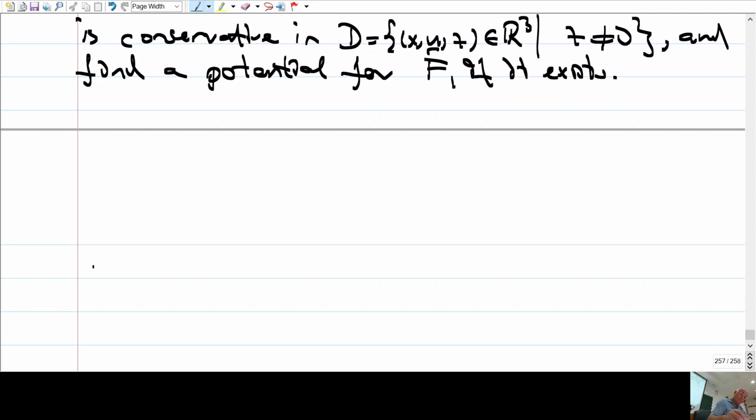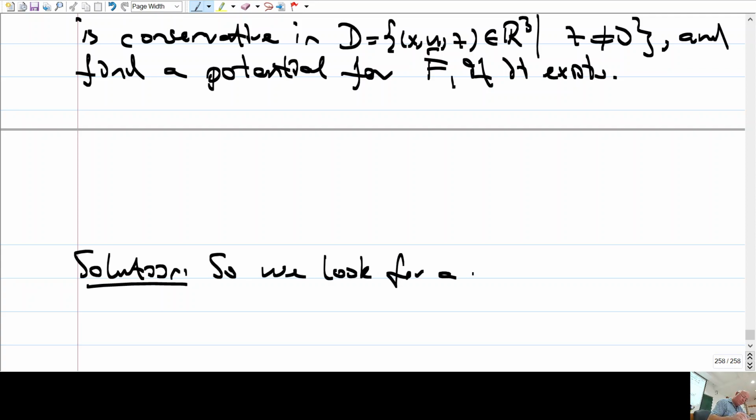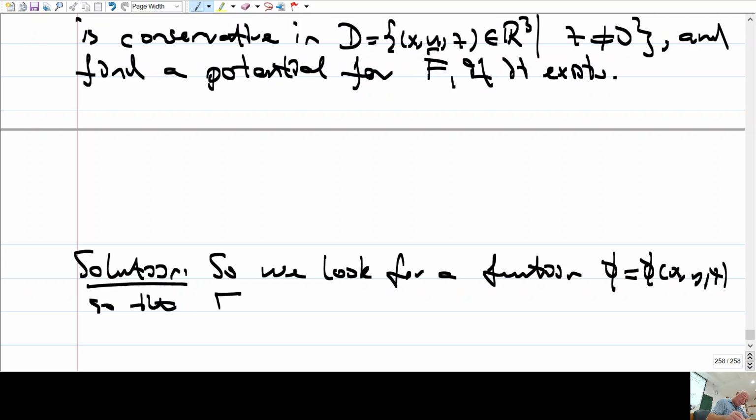So conservative means we look for a function phi of x, y, z so that F is equal to gradient of phi.